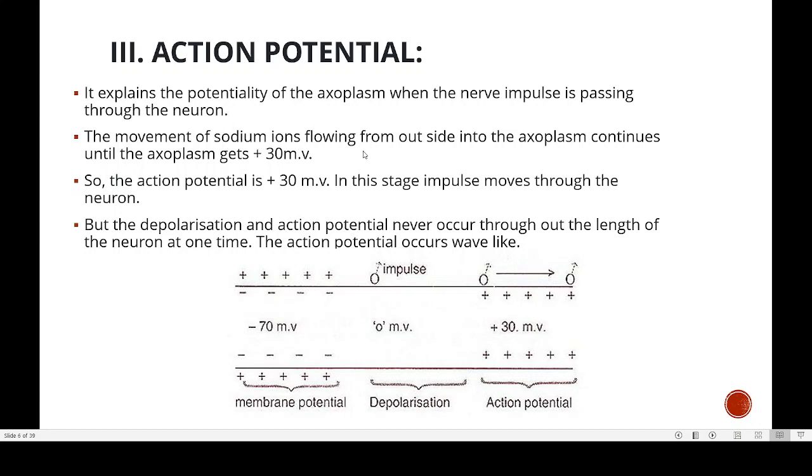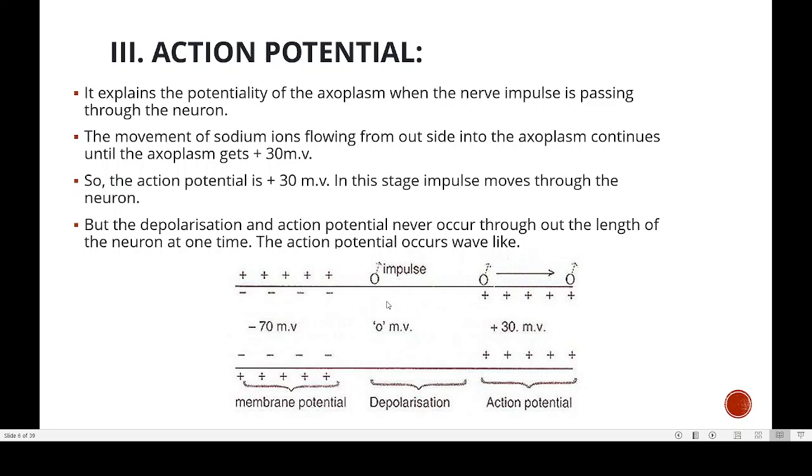The movement of sodium ions flowing from outside into the exoplasm continues until plus 30 millivolt is reached. So what is the meaning of that? Here there is a negative charge of minus 70. When 70 positively charged sodium ions are entering, the charge becomes 0.